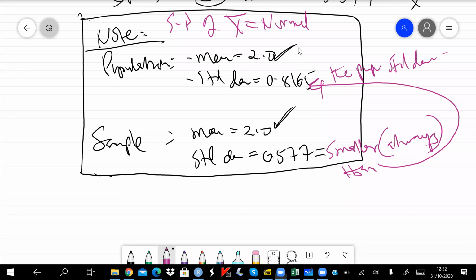Okay, so we have already said that the probability distribution of X bar here as a variable is what we call the sampling distribution of the mean. And these are the properties of the sampling distribution of the mean.